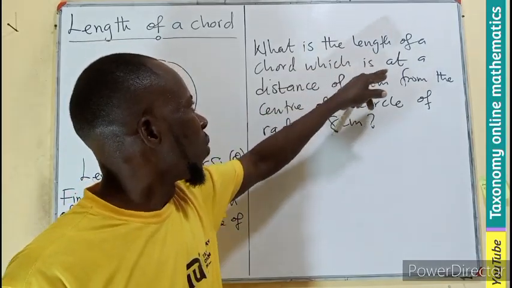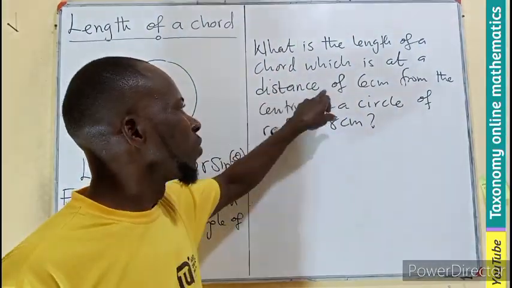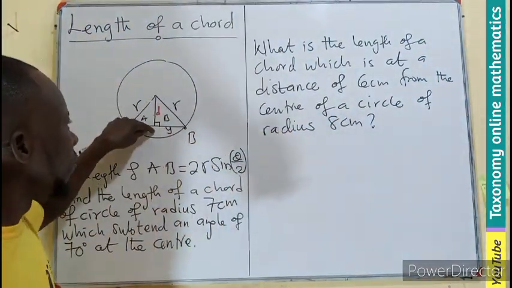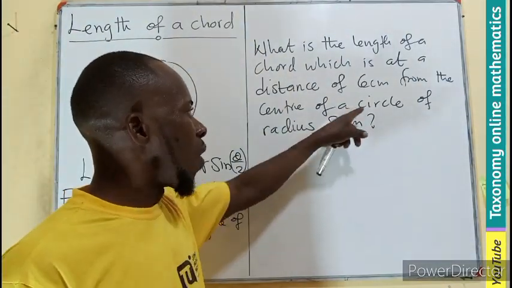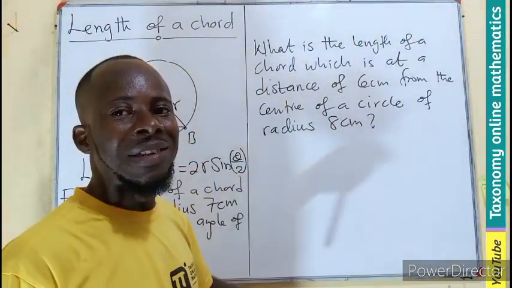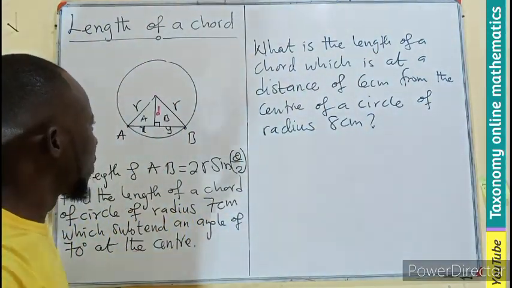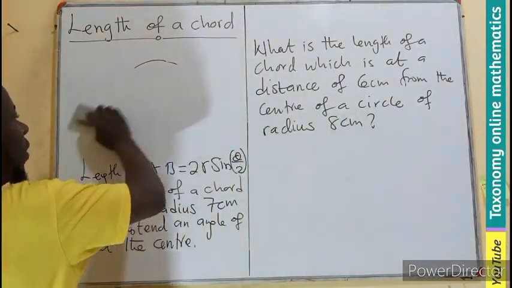What is the length of a chord which is at a distance of 6 centimeters from the center of a circle of radius 8 centimeters? So we can draw the diagram as in the case of this.